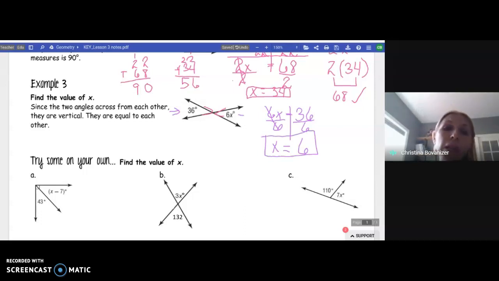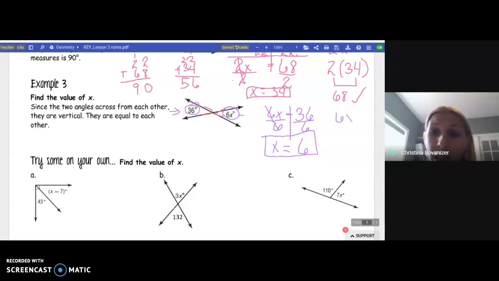So there's a difference between what we did yesterday, where we found the missing angle, and what we're doing today, where we're using those relationships to help us solve for x, and then we're using what we learned yesterday to check our answer. So in example 3, we know because these two angles equal each other, we know that 6x should equal 36, because opposite angles are equal to each other.